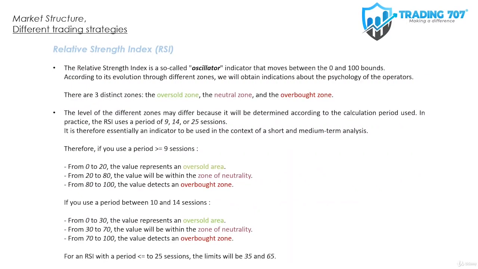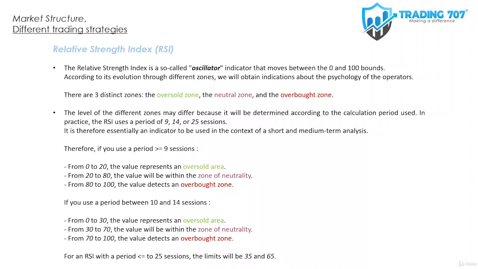The relative strength index is a so-called oscillator indicator that moves between the 0 and 100 bounds. According to its evolution through different zones, we will obtain indication about the psychology of the operators. There are three distinct zones: the oversold zone, the neutral zone, and the overbought zone.